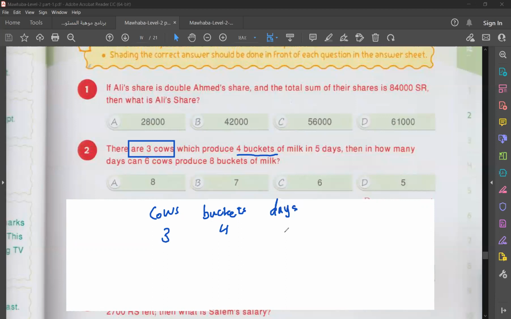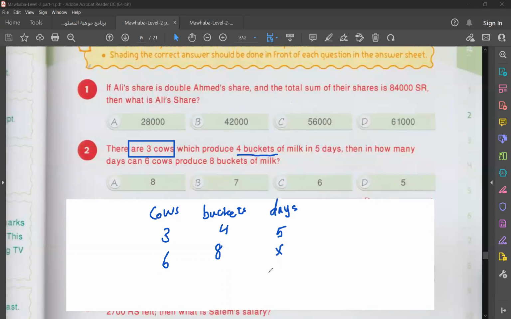The first thing is days, we put 5 here. Then another sentence said, then in how many days? He asked me about the time. So I put it here, X days. And 6 cows, we put 6 cows here, produce 8 buckets, we put 8 buckets.